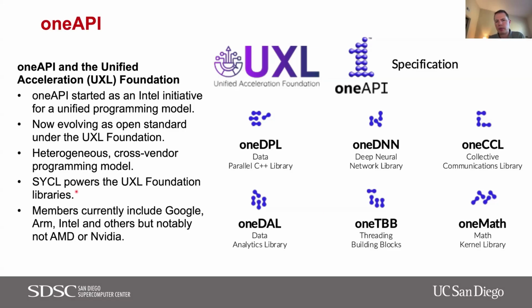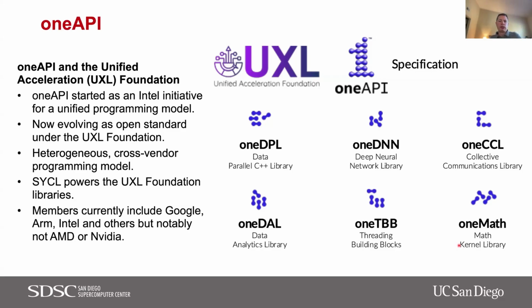So you have something like oneMath, initially underlying math kernel library, so you have math functions. If you use the oneMath API and you're running on level 0, you're going to get Intel's MKL for Intel's GPUs for your math operations, say a fast Fourier transform or a matrix multiplication or some solvers.